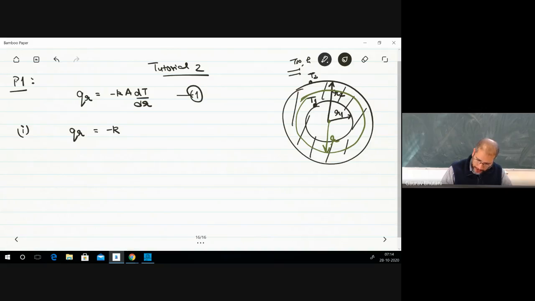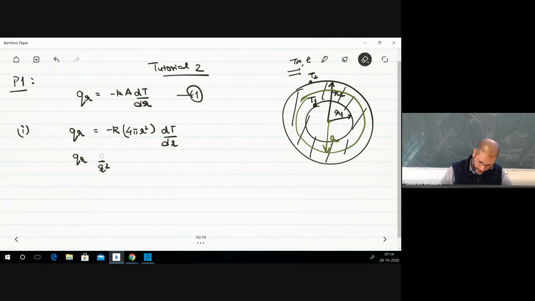That means the area for that radius is 4 pi r squared, and then you have dT by dr. Then I can move around the terms. So I get Qr, and then I can move the r squared here, so this becomes 1 by r squared.